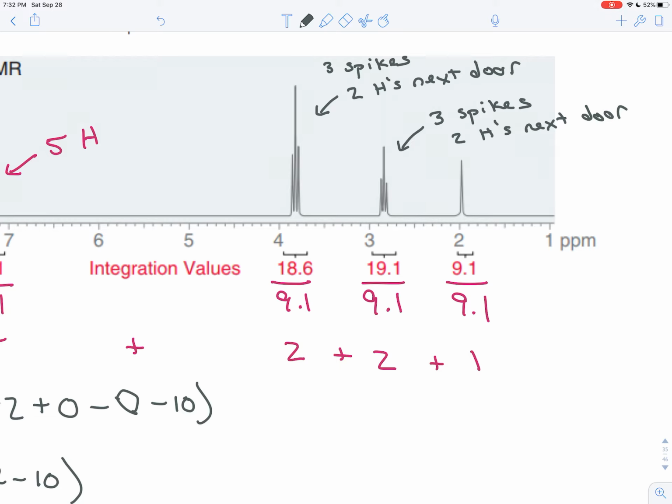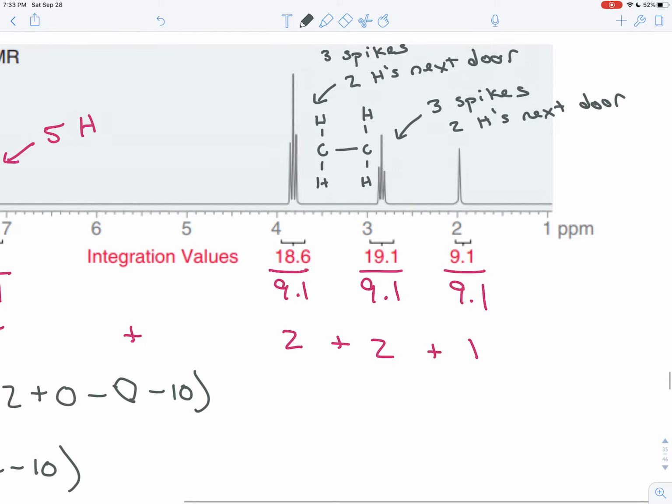And you'll notice that each of those peaks has 2 hydrogens on it. So here we have a carbon with 2 hydrogens on it, and we know that because of the integration value. Here we have another carbon with 2 hydrogens on it, and we know that because of the integration value. There are 2 hydrogens represented by that electronic environment. And we also know that both of these need to have 2 hydrogens next door to them. So we can get that arrangement easily just by connecting the 2.